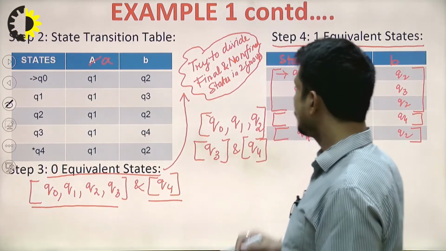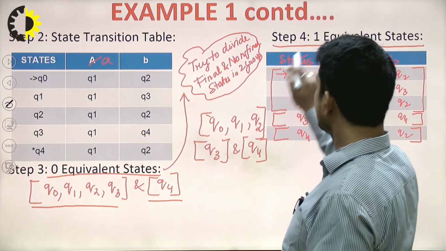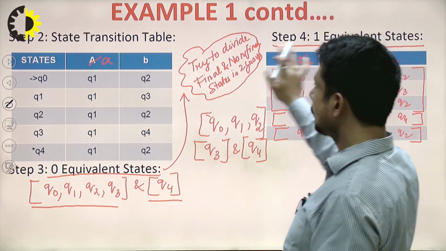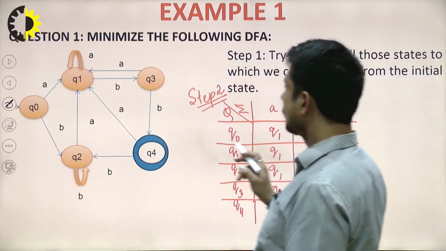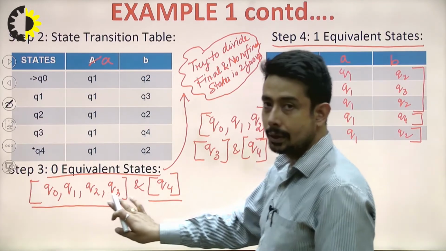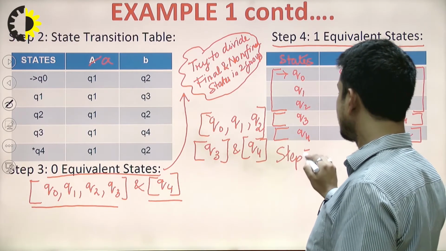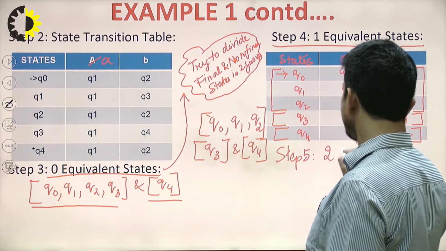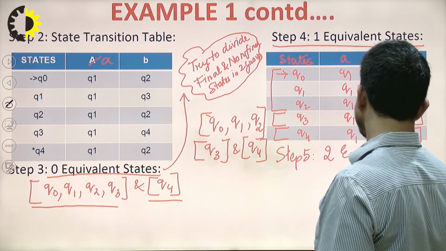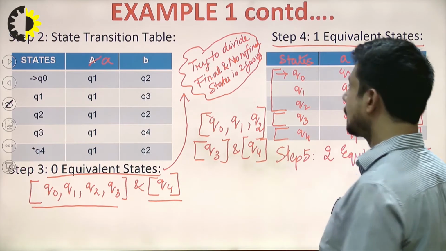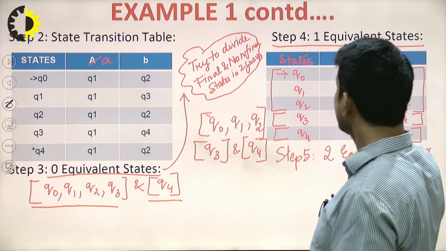So in step number 5, now you need to remember that in one equivalent states, I was looking at this particular category, same state or same set or same group, in zero equivalent state. Now when we check for step number 5, that is 2 equivalent states, I will look at the same set or same group from step number 4, equivalent states.